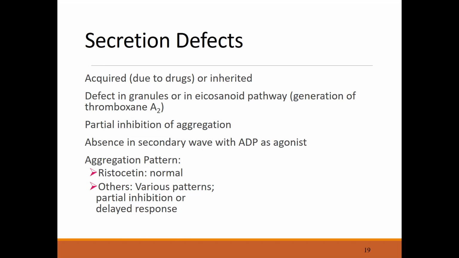What happens in these conditions is that there's partial inhibition of aggregation, and there is an absence of the secondary wave with ADP when that's used as the agonist. Aggregation with ristocetin will be normal, but with the other ones, there'll be various different patterns because there is partial or delayed response with the agonist.